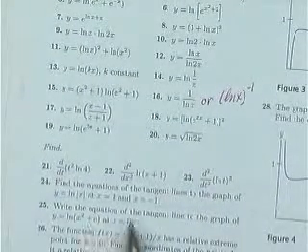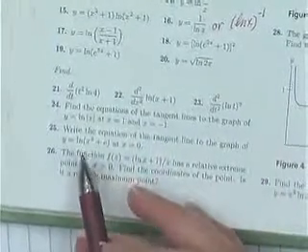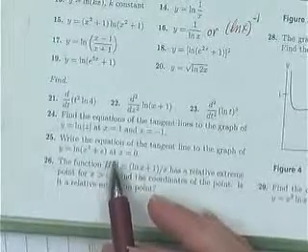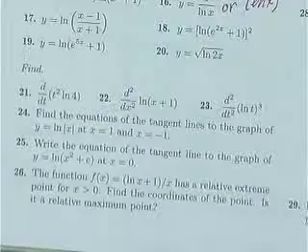All right, what about number 25? Write the equation of the tangent line to the graph of y equals natural log of x squared plus e at x equals 0. Do that real fast and I'll catch up with you.